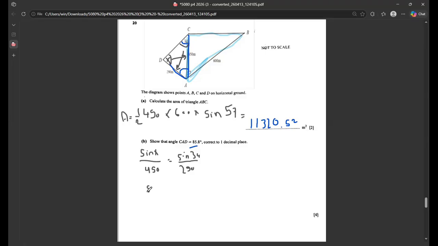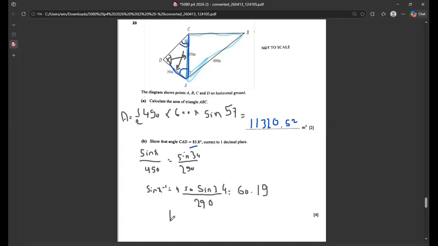So shift sine x on our calc will be equal to 450 sine 34 dividing by 290, which will give us on our calc 60.19, 2 dp.